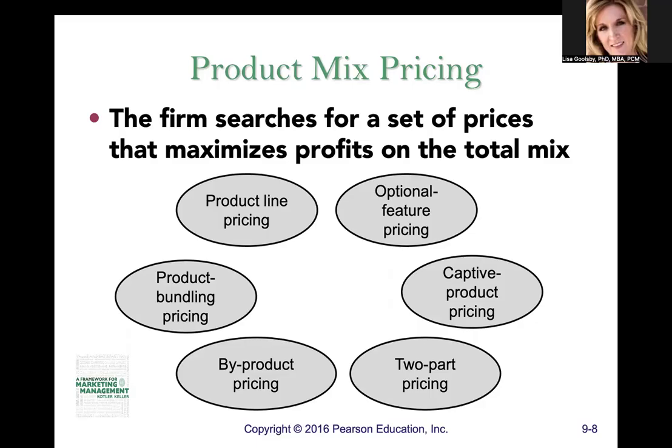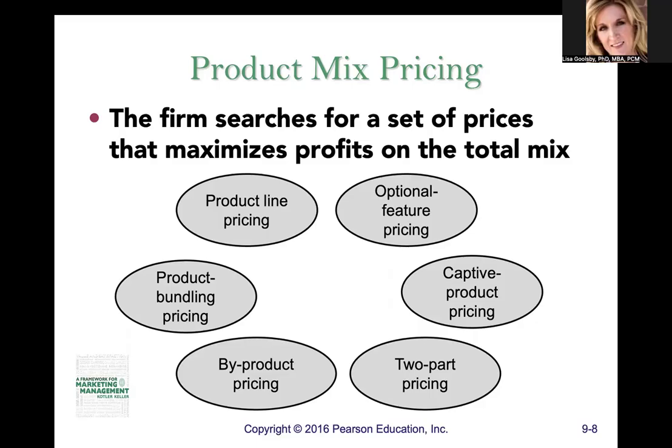You can find some fairly reasonable printers for sale. What makes the cost high is that captive product. You've got to have ink in order to make the printer work, and that ink is incredibly expensive. So you've got that captive product pricing. The ink doesn't do much without the printer, and the printer doesn't do much without the ink.